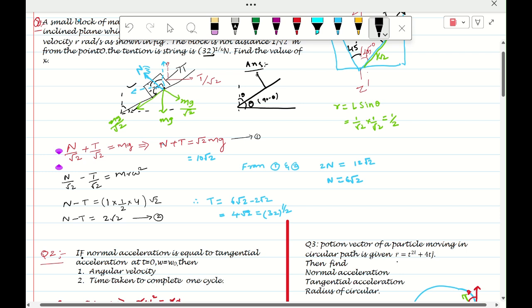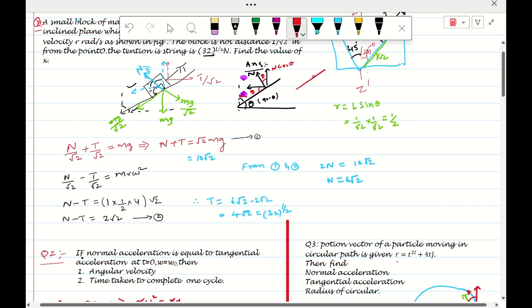This is the normal, so in the case of the normal, take the horizontal and vertical components. This is theta, so this is also theta, and this is 90 minus theta. Therefore N cos theta in the vertical direction, against mg.